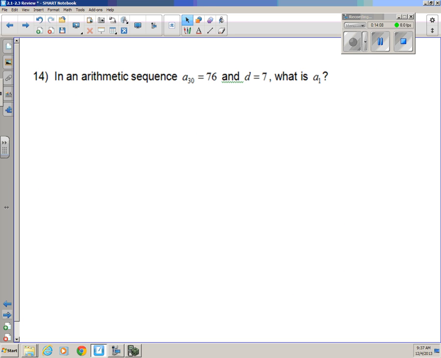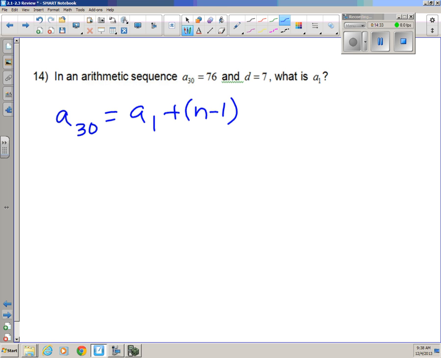In an arithmetic sequence, the 30th term is 76. The common difference is 7. What's the first term? Well, if we set this up as the explicit formula, we can say, okay, my 30th term, a sub 30, is going to be my first term, a sub 1, plus 1 less of the 30 that I'm going out, times the common difference.